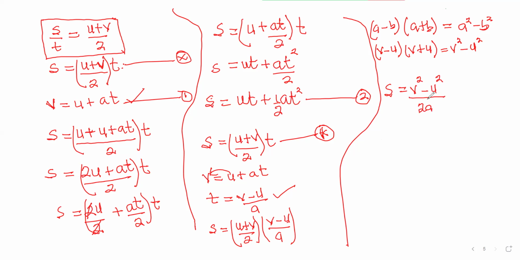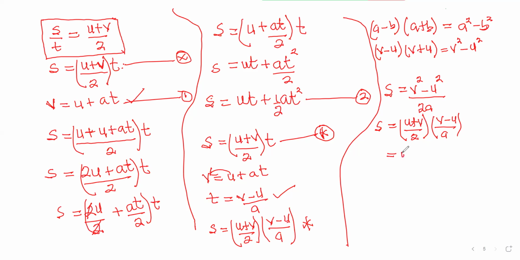Sir, please, can you take it again from S is equal to? So this is what we have from here. We have S is equal to U plus V all on 2, times V minus U all on A. So numerator times numerator, denominator times denominator, isn't it?